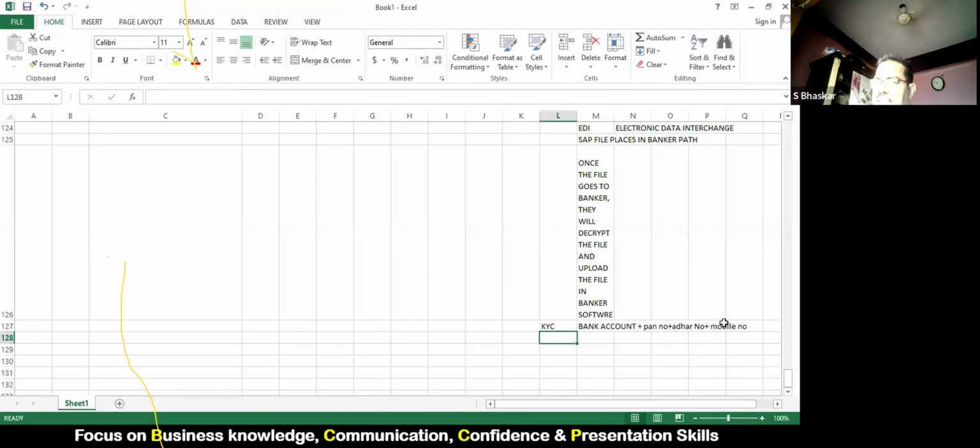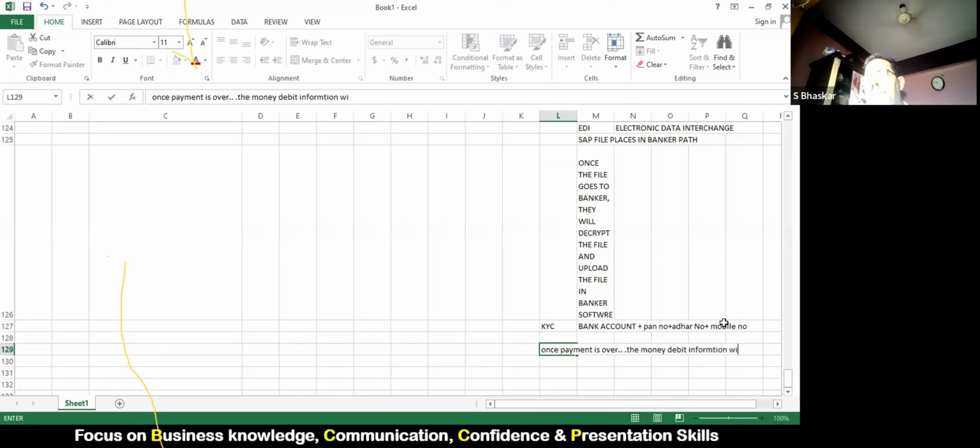With this interlinking, once the payment is over, the money debit information comes to the company code people, and the credit information goes to the vendor's mobile number.